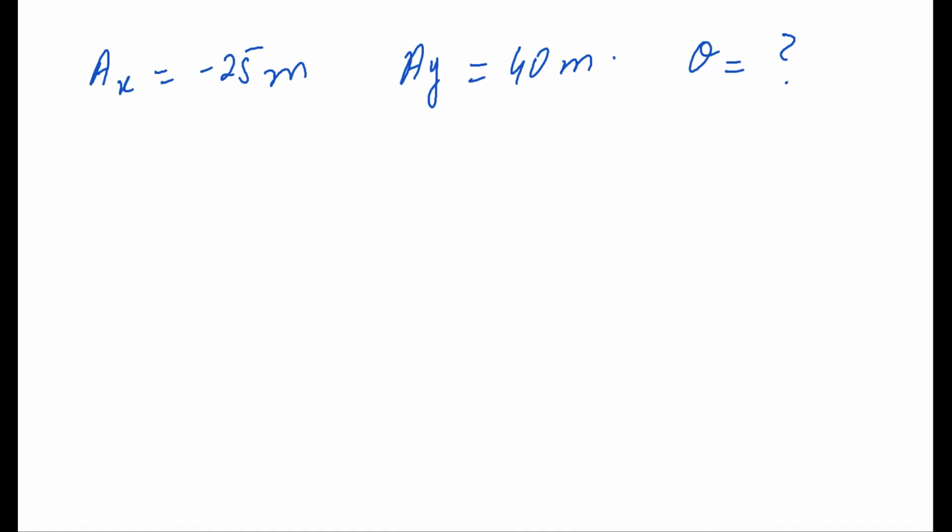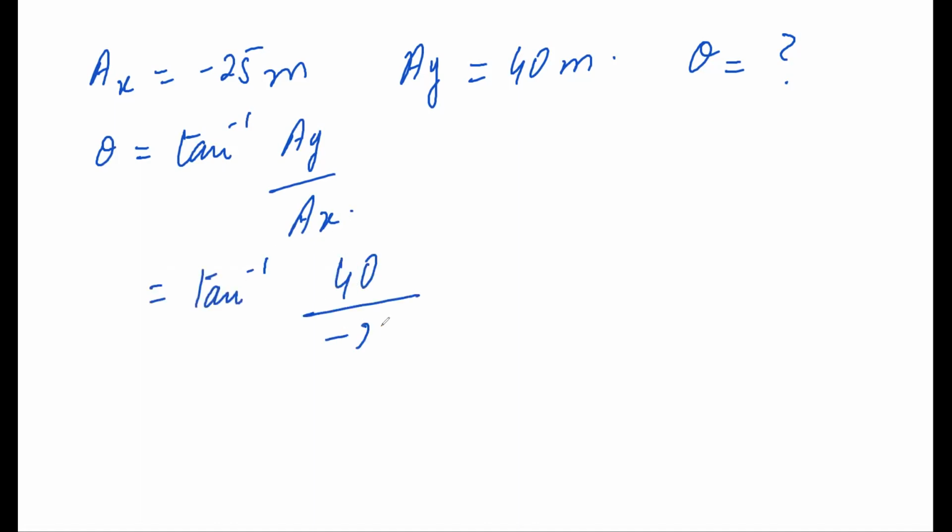Yes, ma'am. In this, we use the formula theta is equal to tan inverse Ay over Ax. Very good, right. So theta is equal to tan inverse Ay over Ax. So this is equal to? I solved it, ma'am. This is 40 over minus 25, right?